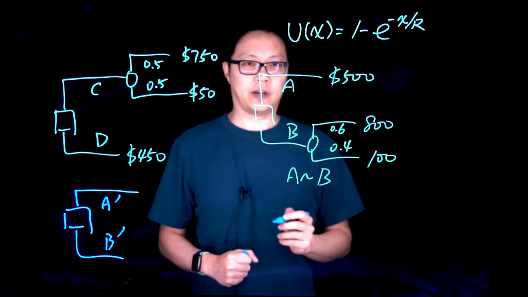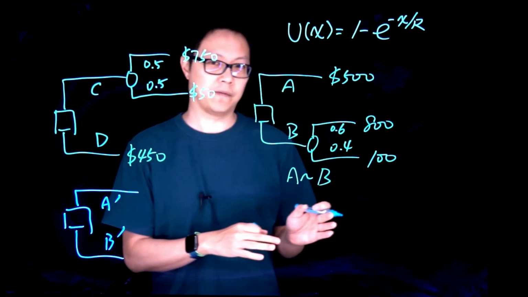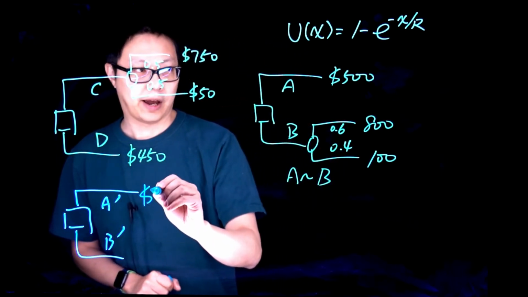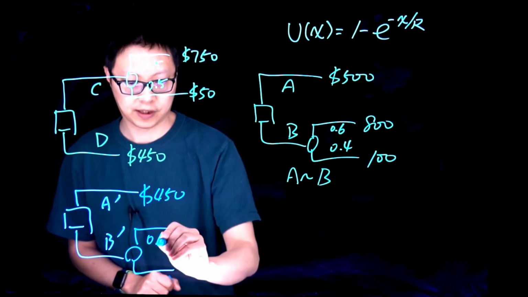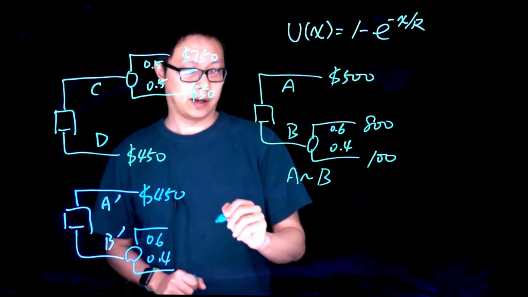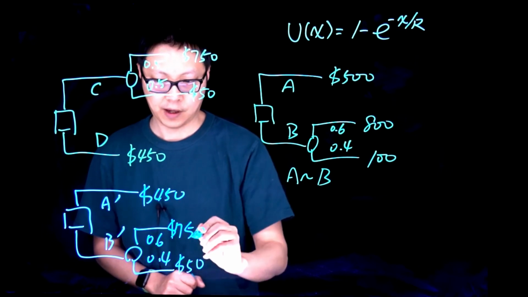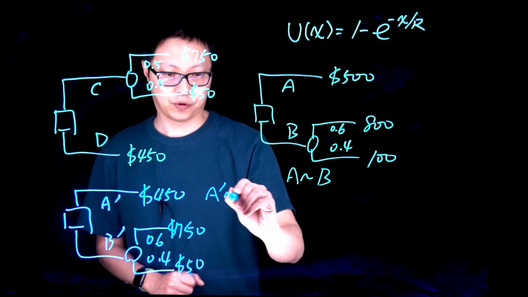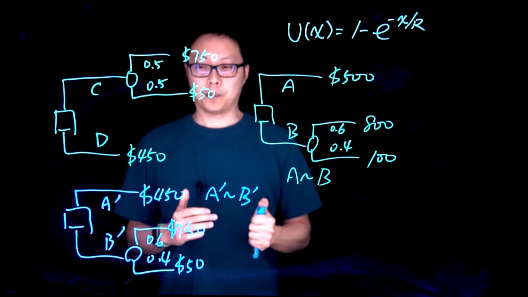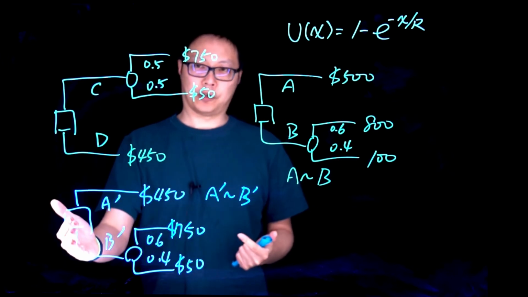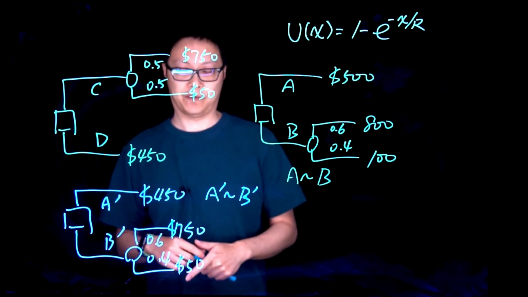If a decision maker is indifferent between A and B, that means if I take $50 away from the right-hand side, I have 450 with probability 0.6, 0.4, and 750 and 50. The decision maker should be indifferent between A prime and B prime. So for this particular question, the value is equal to 450.